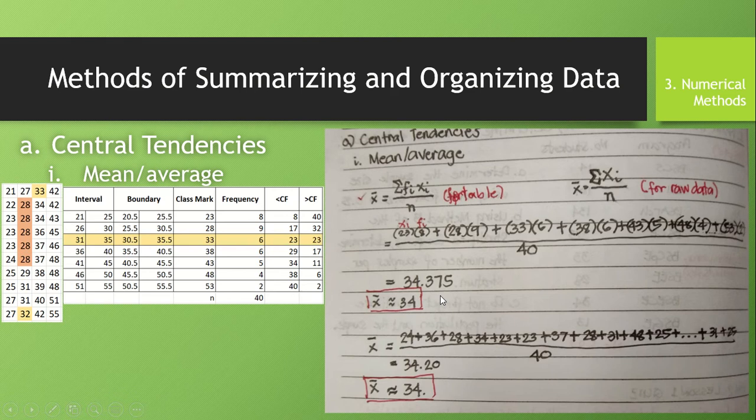You have to understand that the mean of group data would not be as accurate compared to the raw data or the ungrouped data, since here we're actually estimating based on this table. But for this portion here, we are calculating the exact mean of the given data.